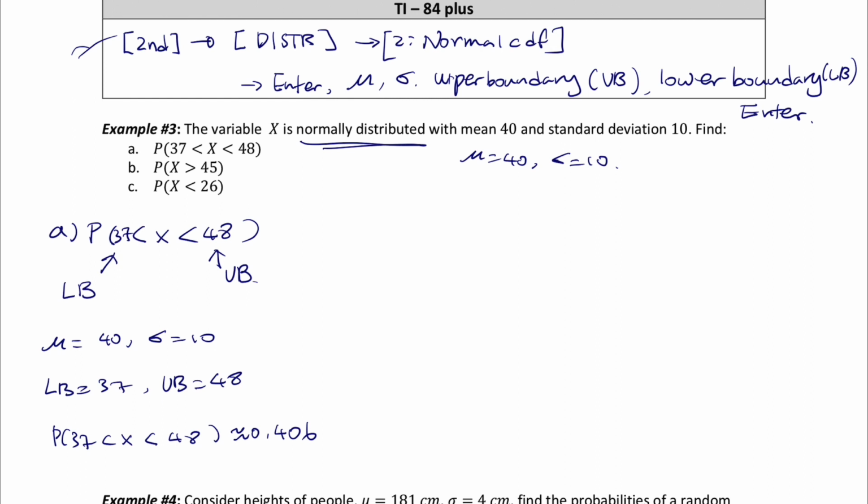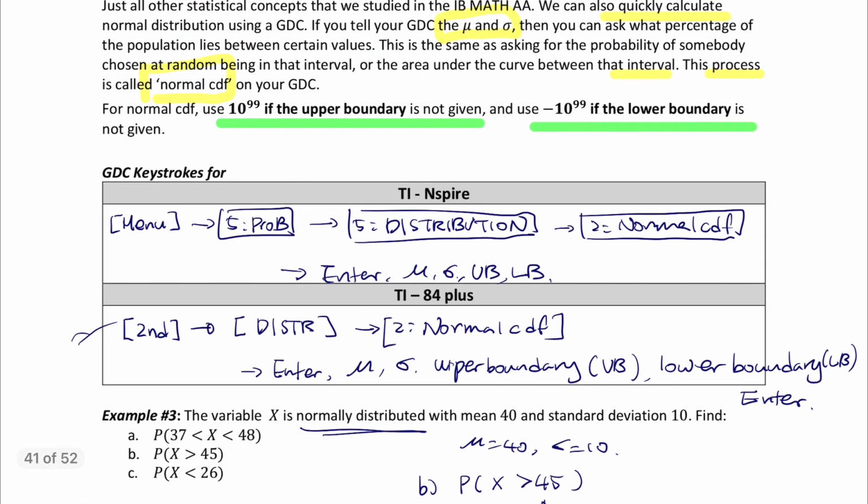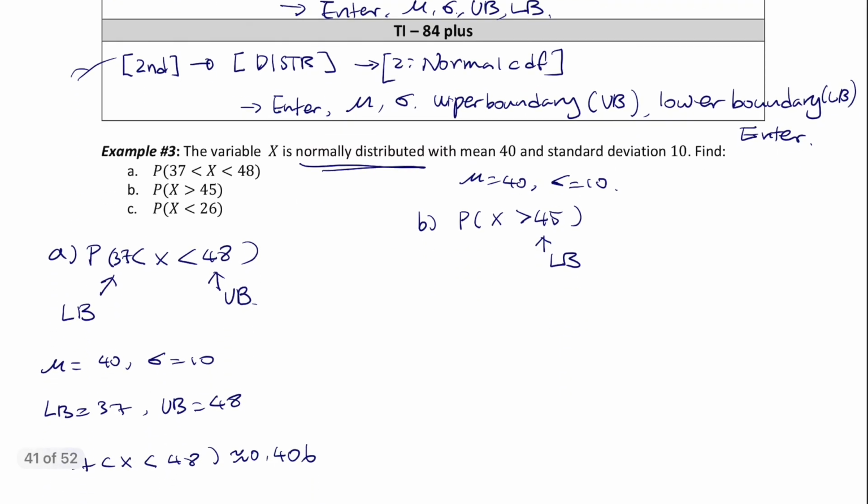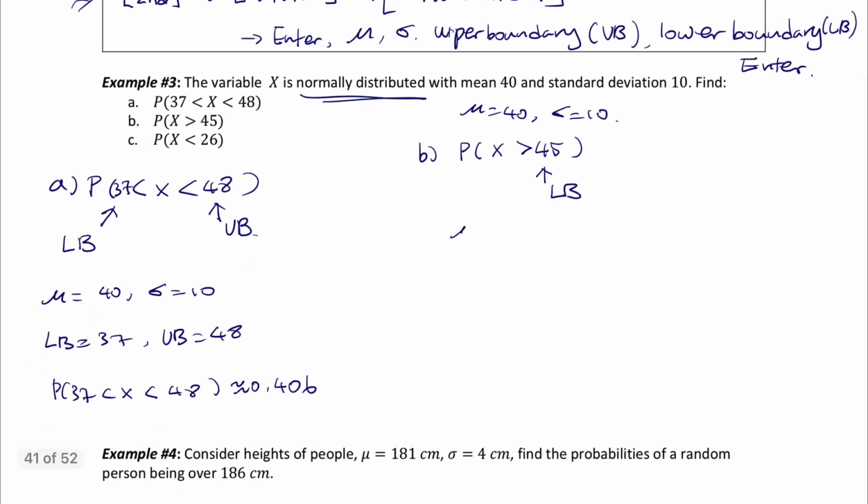Then question B, the probability that x is greater than 45. In this case, 45 is your lower boundary and you're missing your upper boundary. So in that case, you will be using 10^99 as your upper boundary, okay? So mean equals 40, standard deviation equals 10, lower boundary equals 45, and upper boundary equals 10^99.